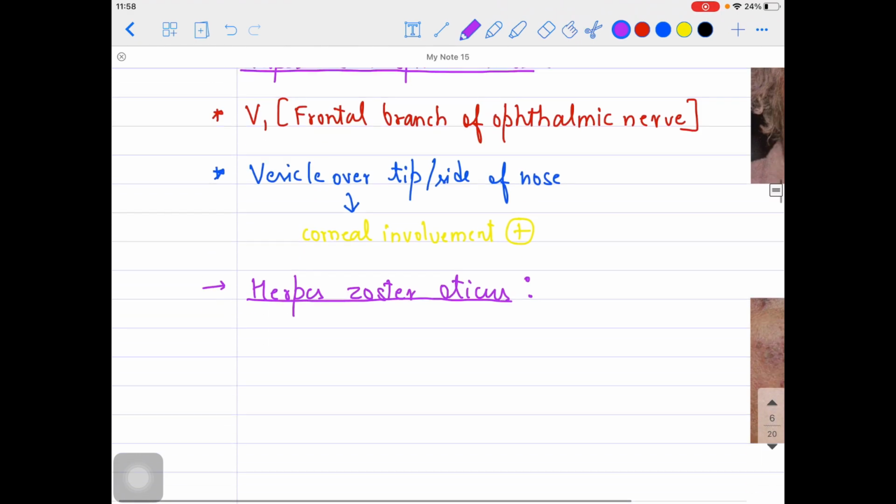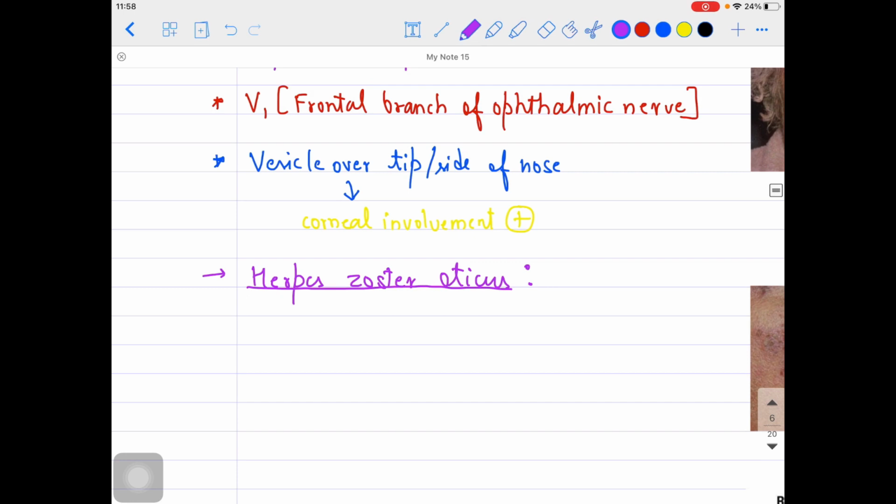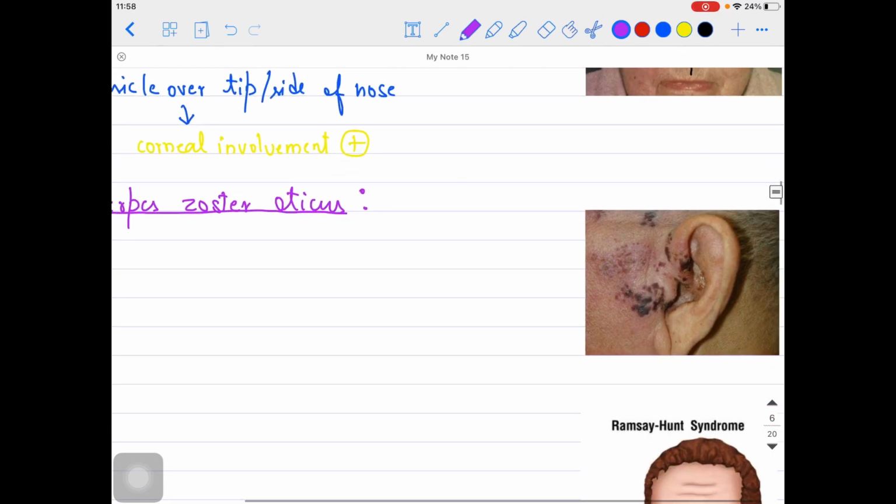Again, vesicles will be present, unilateral again. The ears are involved, with clear fluid-filled lesions over a red base on one side of the ear, one side of the body.